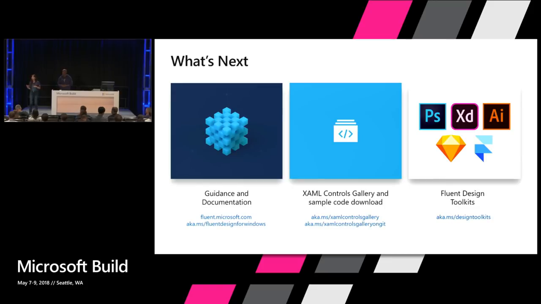And we also provide you with the sample application called XAML Controls Gallery that lets you install it from the store and experience some of those Fluent elements that you saw today. And you can download the code for this sample from GitHub to try it out yourself.